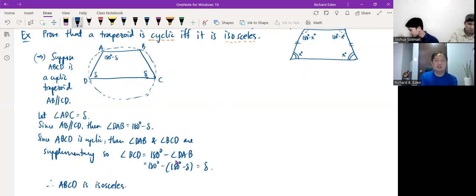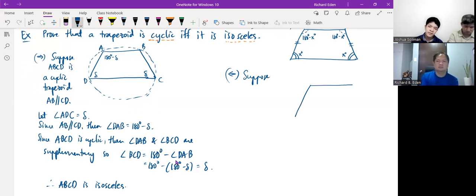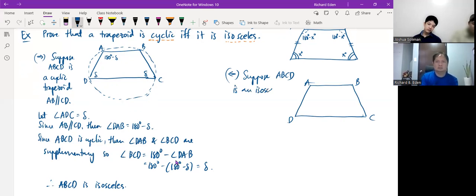On the other hand, in the other direction, we're starting from the assumption that the quadrilateral is a trapezoid, and suppose it's an isosceles trapezoid.